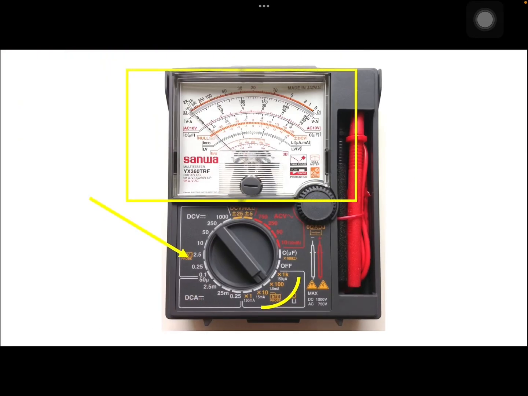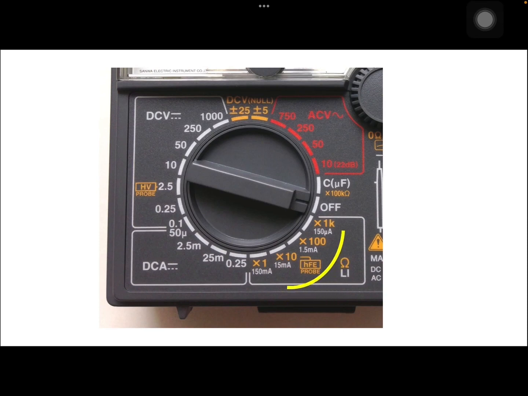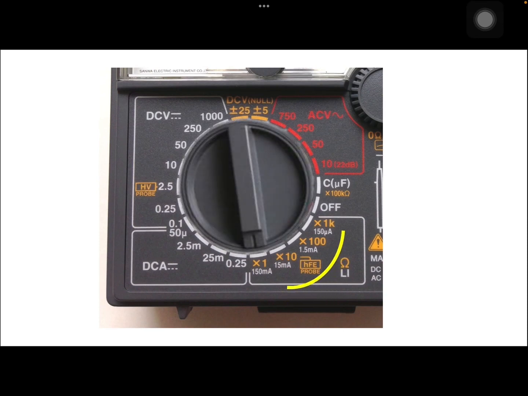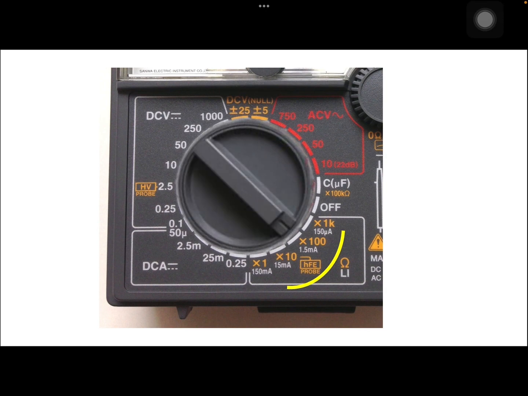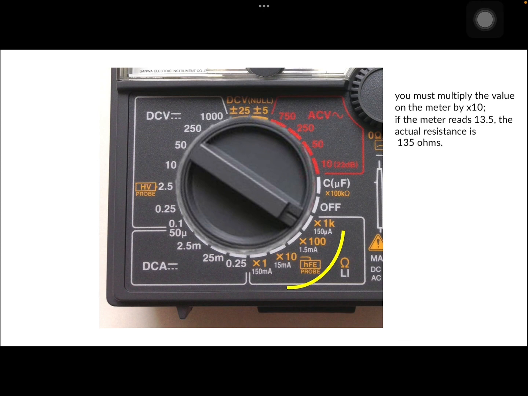Sige, let's have an example. So, in our range selector knob, we can choose between times 1, times 10, times 100, times 1K, and we also have times 100K.